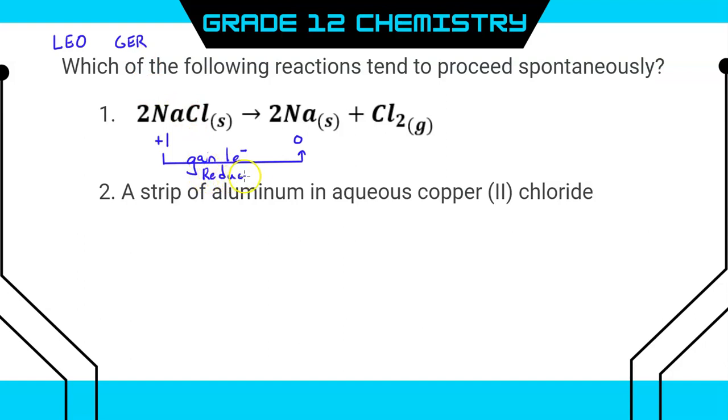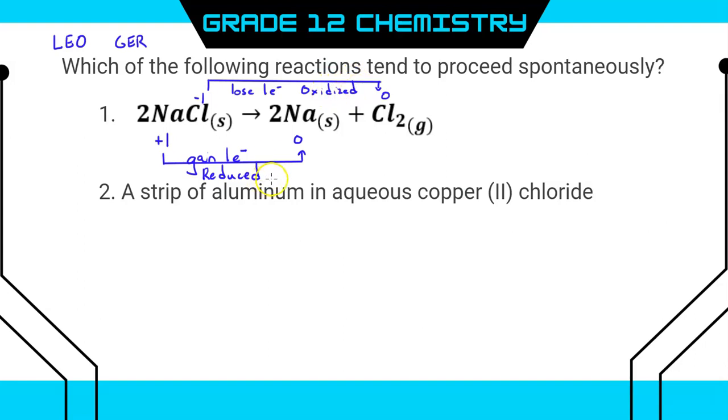So we have sodium being reduced. If you look at the chlorine, that is a -1 here. Over here it's 0. So chlorine is losing an electron. Losing electrons is oxidation. So chlorine is being oxidized.